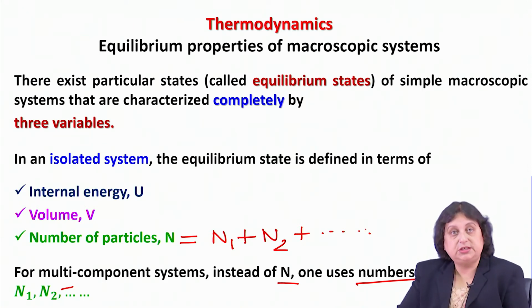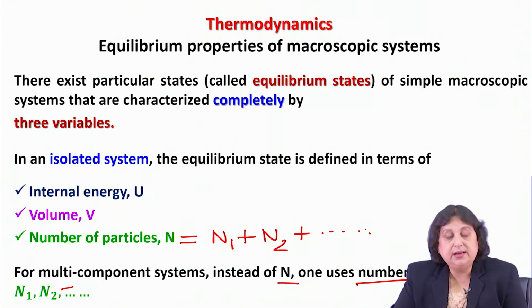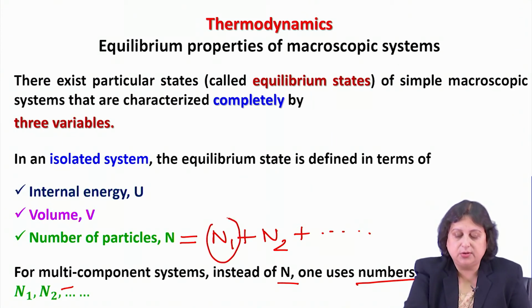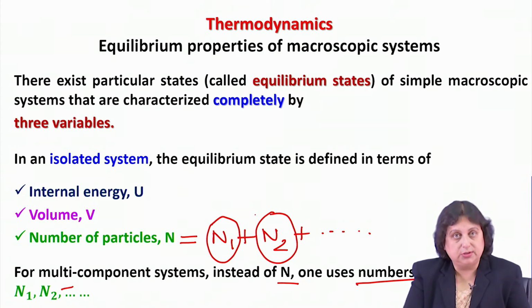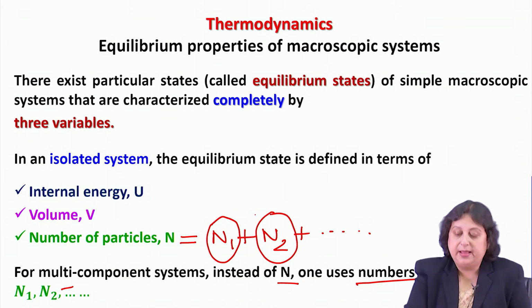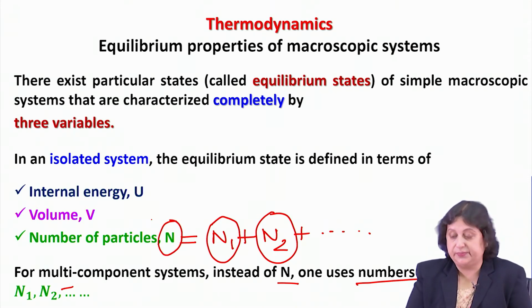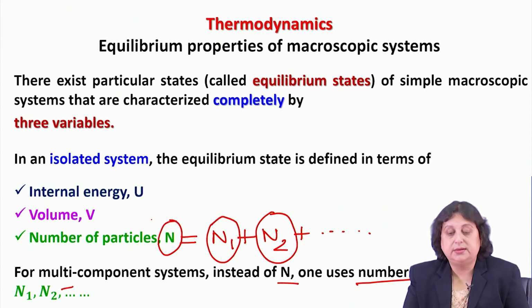Since none of the species will be leaving the system, N1 will be a constant, independent of time, N2 will be a constant independent of time, and therefore once again the total number of particles present in the system will also be independent of time.